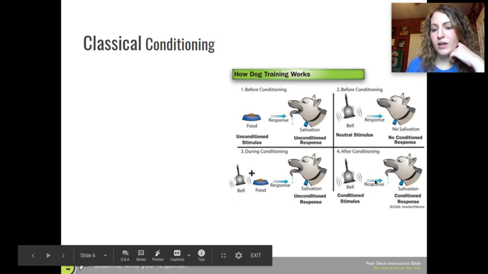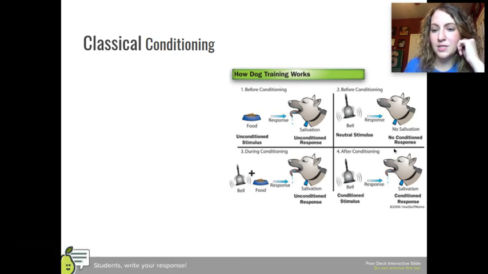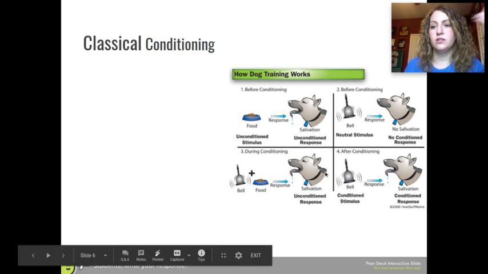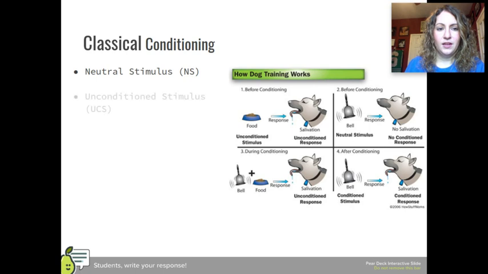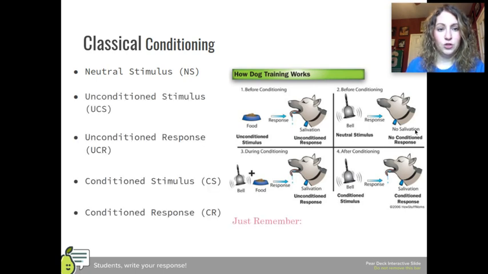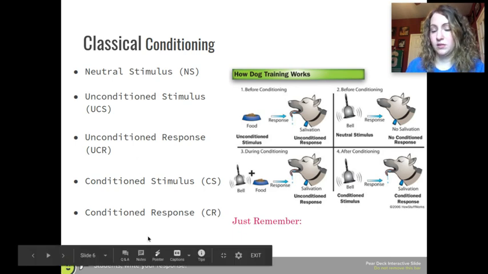Okay, so you see that there are some terms: unconditioned stimulus, unconditioned response, a neutral stimulus. These are all terms that you need to know to be able to identify, define, and give examples of on an AP exam. And here they all are: neutral stimulus, unconditioned stimulus, unconditioned response, conditioned stimulus, and conditioned response.